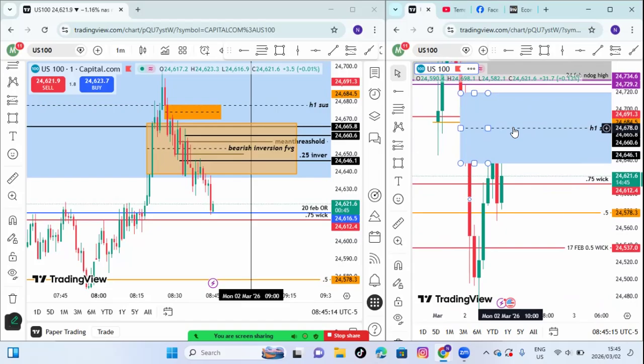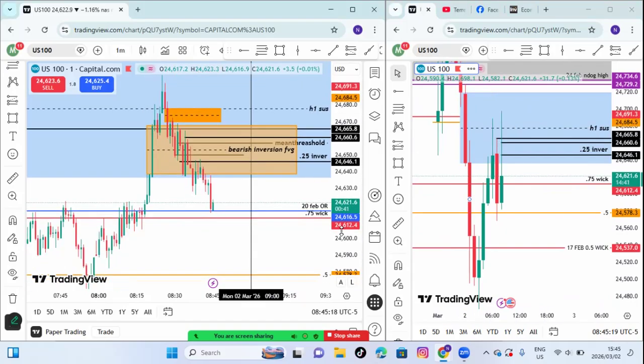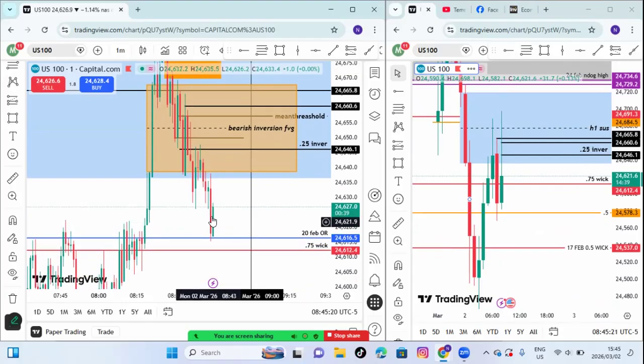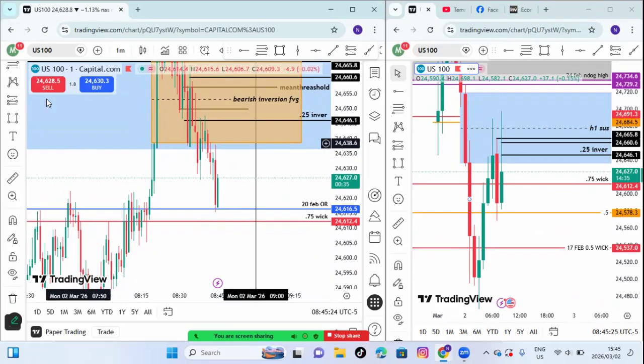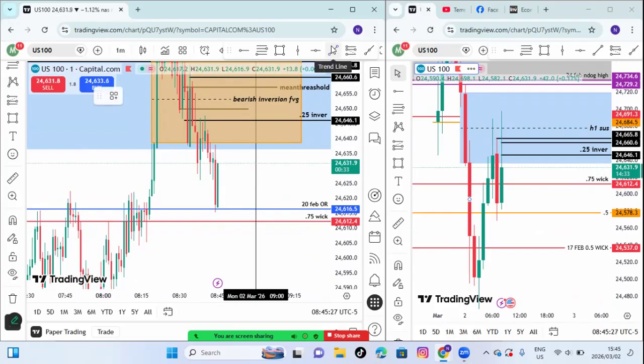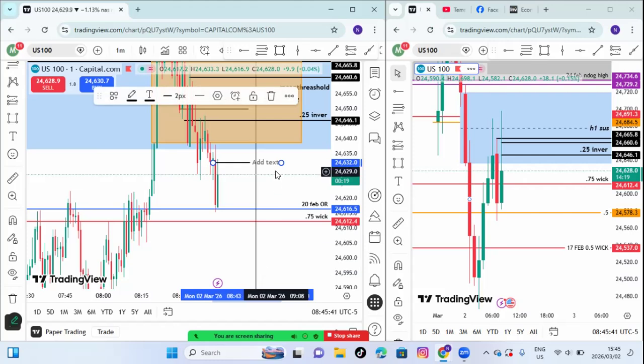Nice respect of the suspension block there. Okay. Went up there with the block here. The block. It's a mitigation OB. Very sure the block there.